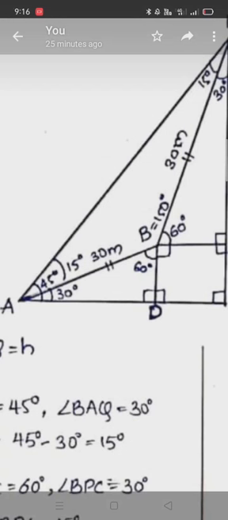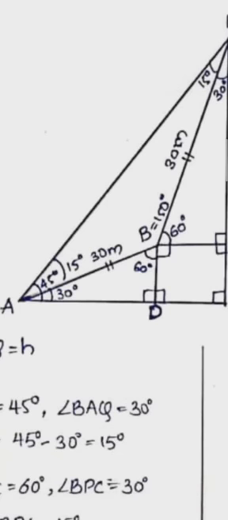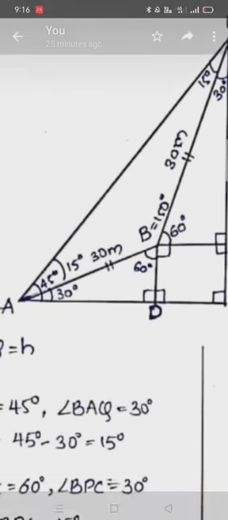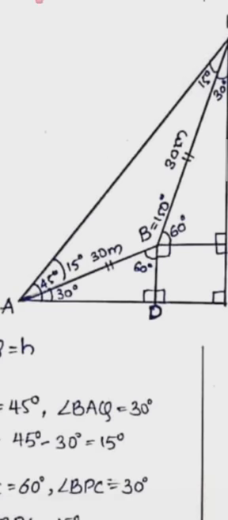In this triangle, the elevation is 30 degrees. So I am using the sine of the elevation. Sine 30 degrees equals the opposite side BD divided by the hypotenuse AB.